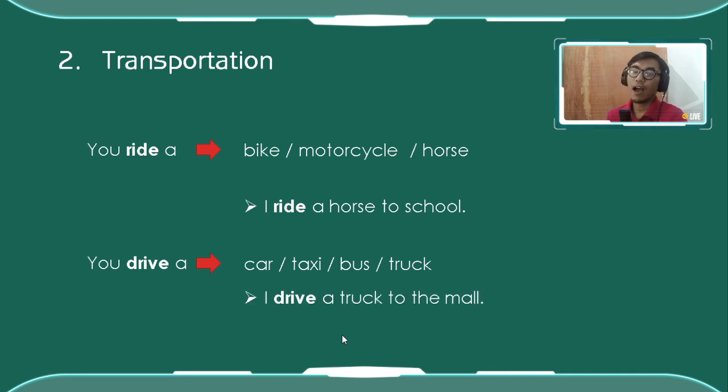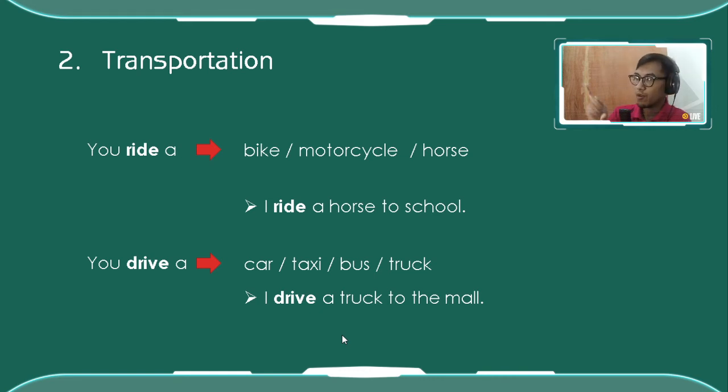For example, I drive a truck to the mall. I drive a taxi. I am a taxi driver. Ride artinya mengendarai, jadi mengendarai sepeda, mengendarai motor, mengendarai kuda. Sementara drive artinya menyetir, menyetir mobil, menyetir taksi, menyetir bis, menyetir truk.